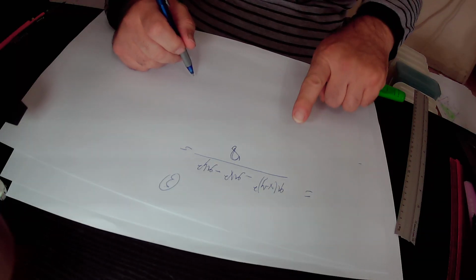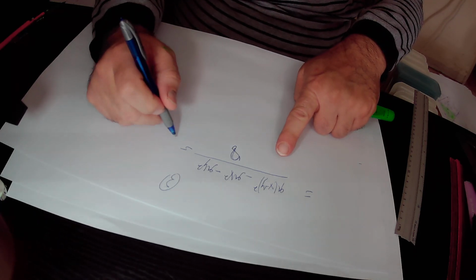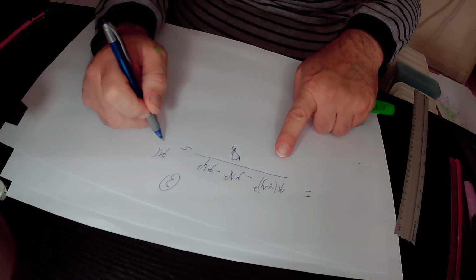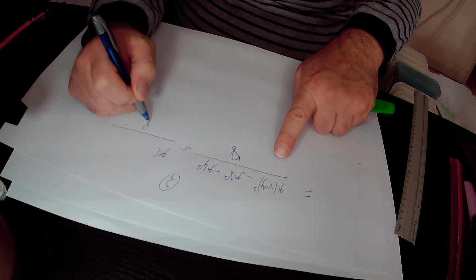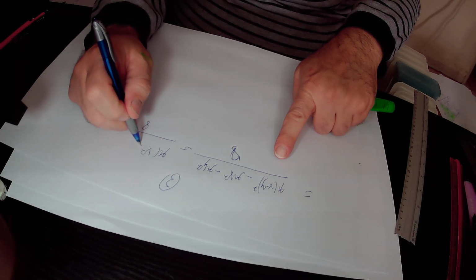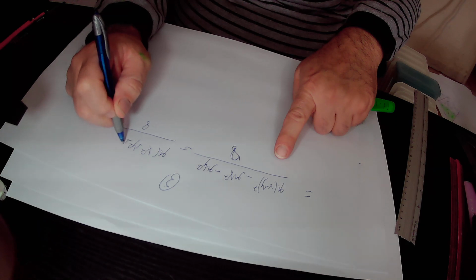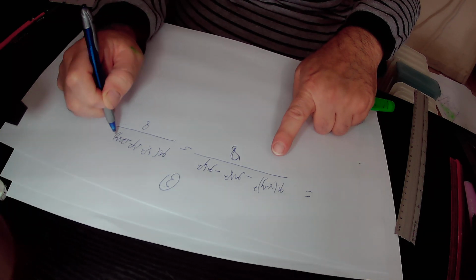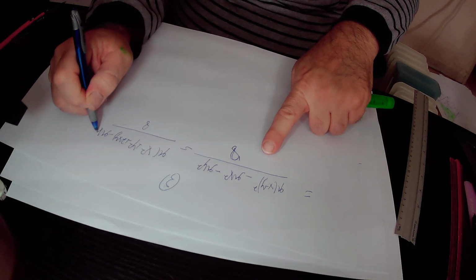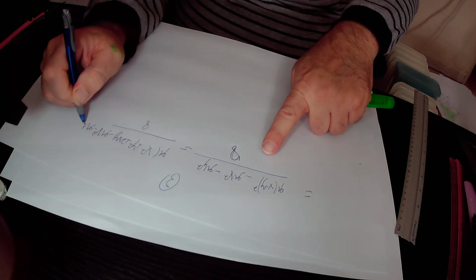Here we'll open the brackets of this expression. We get that pi times x plus y squared, where x plus y squared equals x squared plus y squared plus 2 times x times y. Minus pi x squared minus pi y squared.